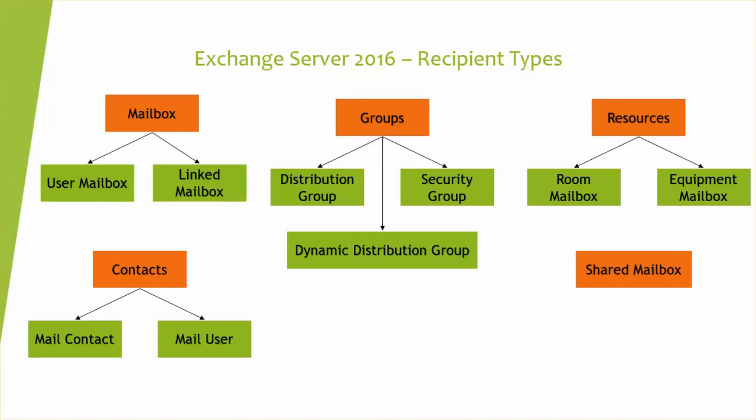For example, let's take the finance department. In the finance department, you have 15 different users. You want to make sure that whenever you send an email to finance, the email goes to all members of finance.